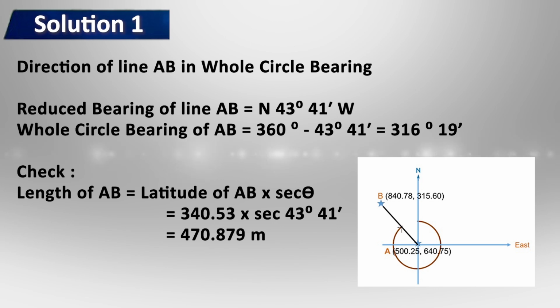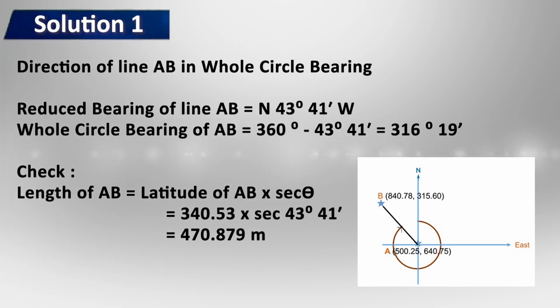If we convert this into whole circle bearing, the bearing will be measured from north in the clockwise direction. So it is 360 degrees minus 43 degrees 41 minutes, and it comes out to be 316 degrees 19 minutes. There is a check that is also associated with this. The length of AB is already given in the question.